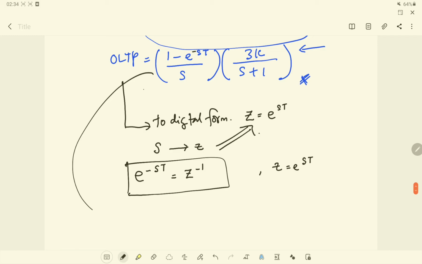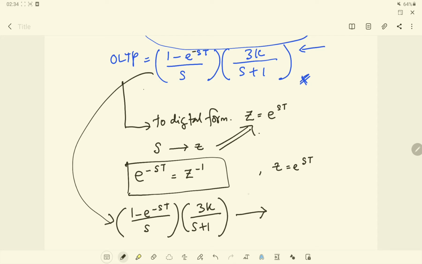So from here, the open loop transfer function (1 minus exponent minus sT) over s, times 3K over (s plus 1), we convert to the Z transform. We get (1 minus z inverse) times the Z transform of 3K over s(s plus 1).